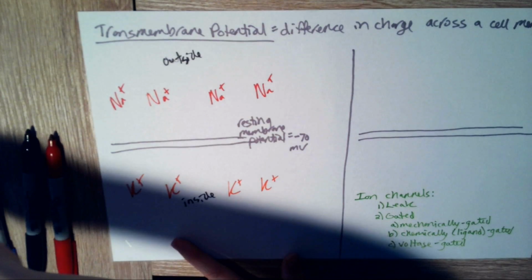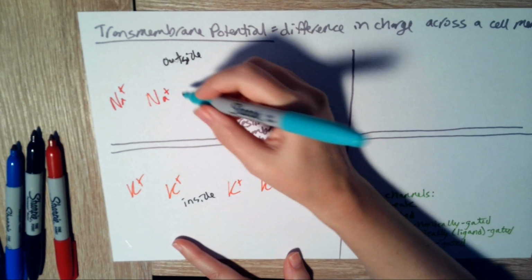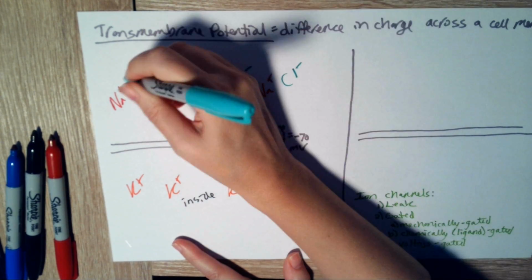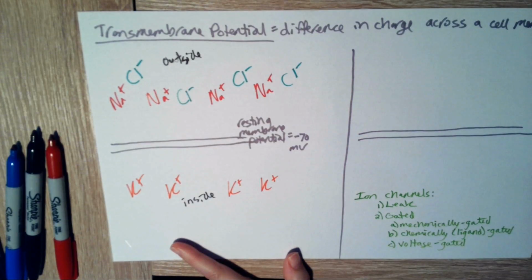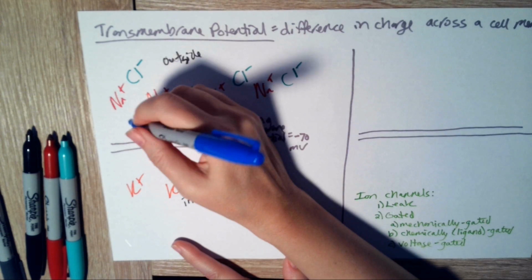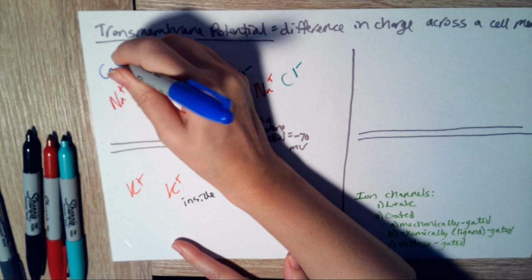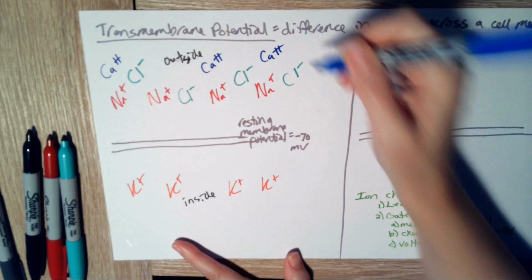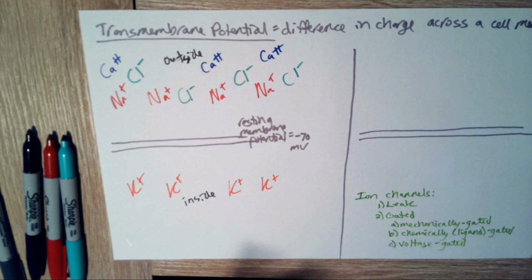Chlorine: we have a lot of chlorine outside the cell and not so much inside. And for our last one, calcium. Let's put that above because we're going to leave calcium alone for a while. A lot of calcium outside the cell, not so much inside.